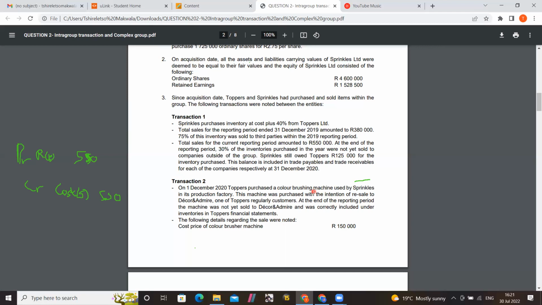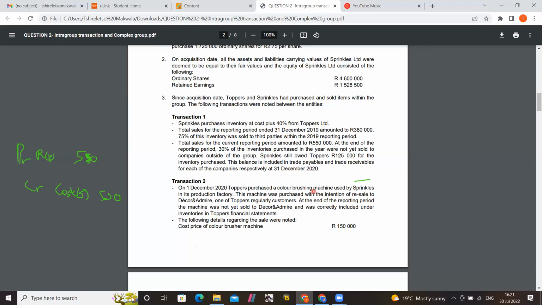And don't forget that we want the unrealized profit, so multiplied by 40, which represents the profit we want, over what we have, divided by 140. The amount that we get there is 27,143.